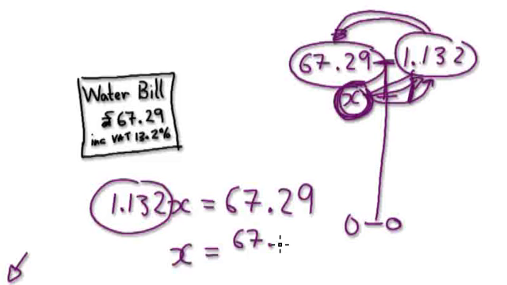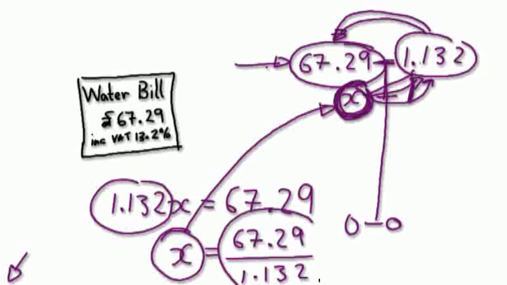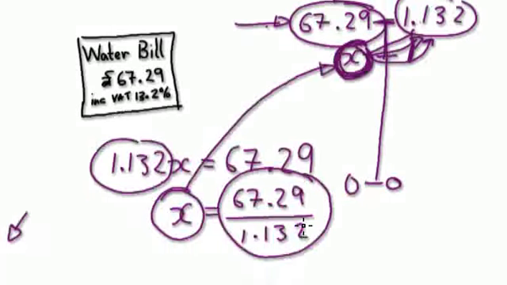So it will be 67.29 divided by 1.132. And when you get this answer here, this would represent this bit here. Just have a quick glance. Make sure your answer x is less than this. Okay, well, anyway, to work out x here, do that on your calculator.